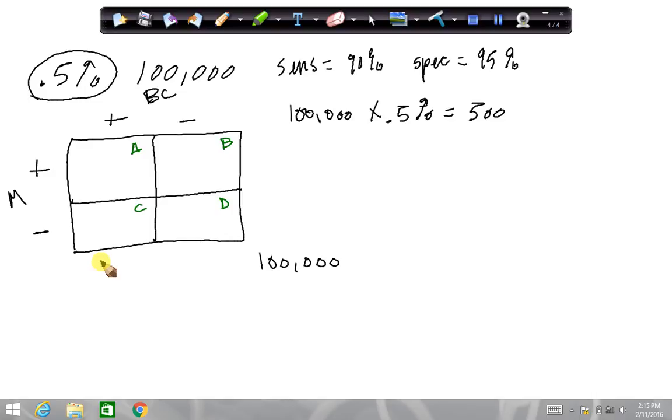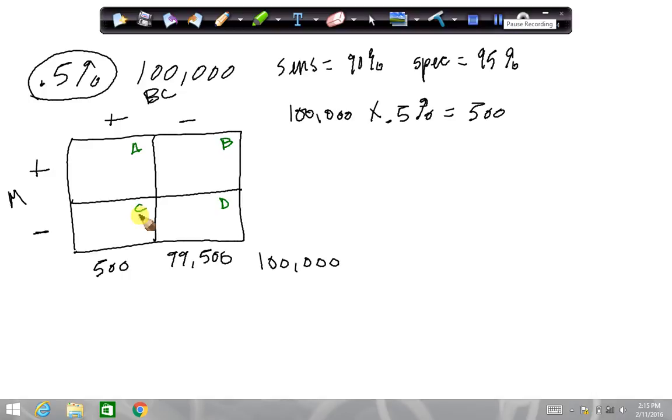So we can put 500 right here. From this, we can calculate how many women don't have breast cancer, which is 100,000 minus 500. So we can put that number right here.